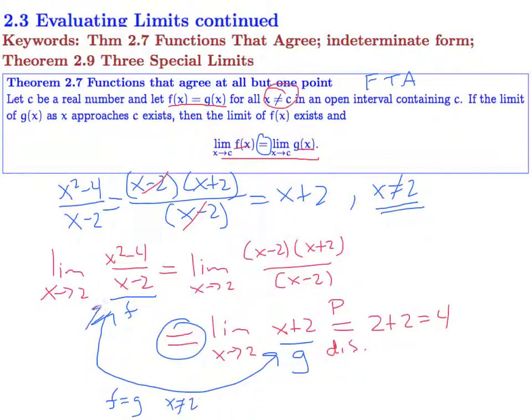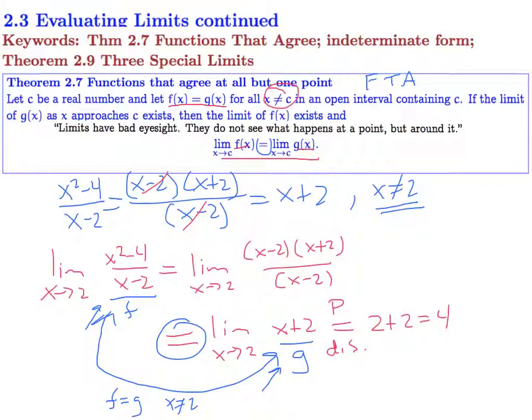This first function had a hole in it, whereas this function is nice and continuous and it doesn't have any holes in it. Therefore we can just factor and cancel, and the limit doesn't care. The big thing to think about here is that limits have bad eyesight. They don't see what happens at a point, but they see what happens around it. So that's almost a better way to think about the theorem, that it doesn't really matter what happens at a single point, just in the neighborhood around it.